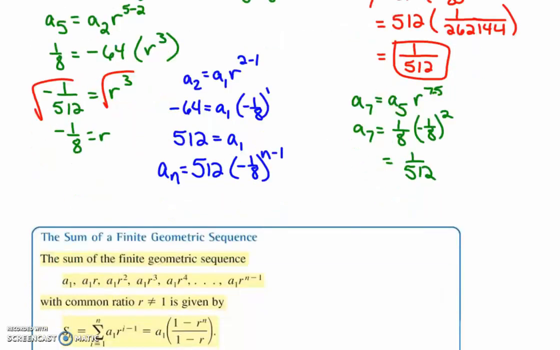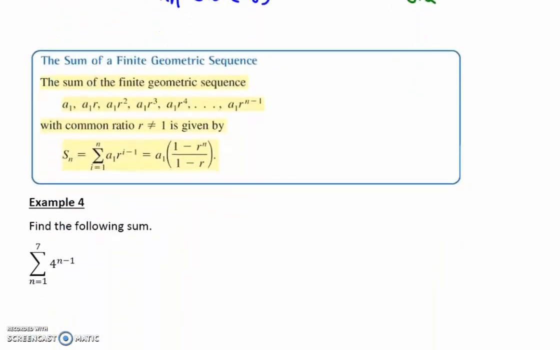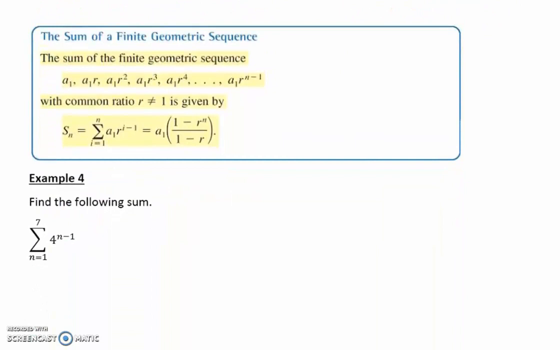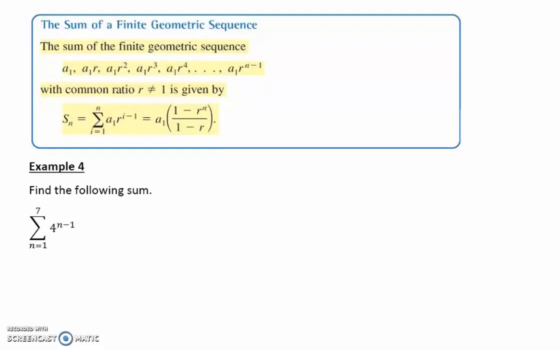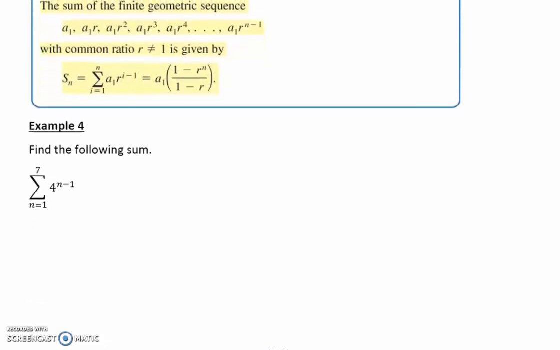All right, let's take a look at the sum of a finite geometric sequence. Remember that we could do this with arithmetic sequences, and now we just have a different formula for geometric sequences. Our formula is a sub 1 times 1 minus r to the n over 1 minus r. The first thing we want to do is identify the pieces.